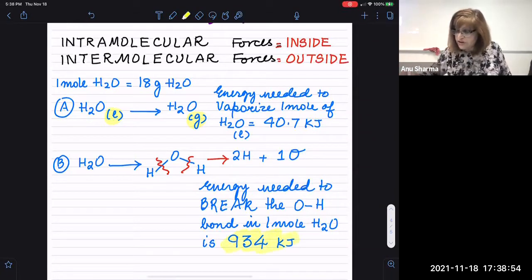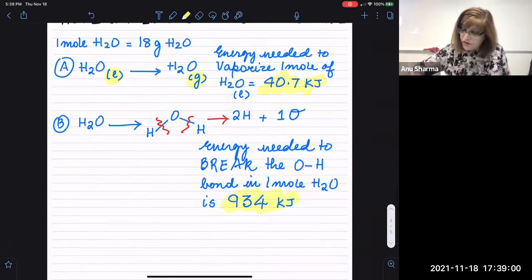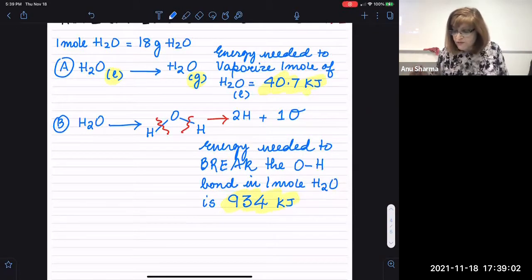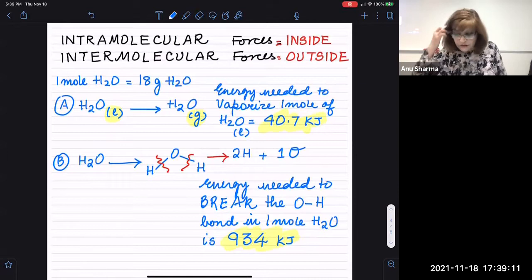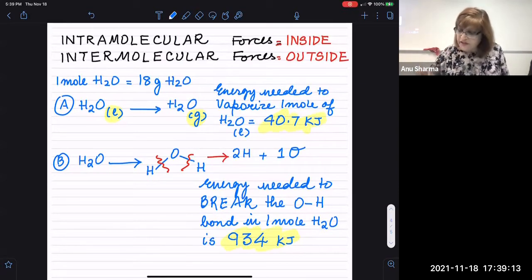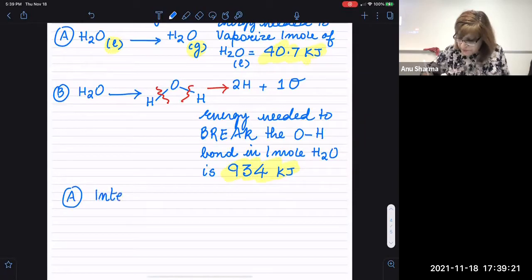So this energy is different from this energy. This is something they observed: the amount of energy that simply brings the transformation is just a physical change. So this is called the intermolecular energy. A is the intermolecular.